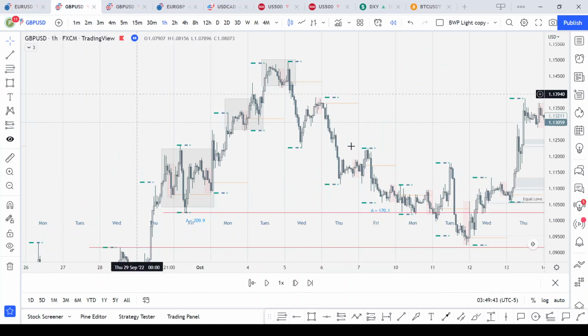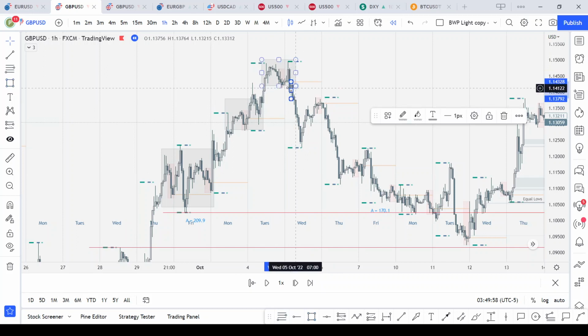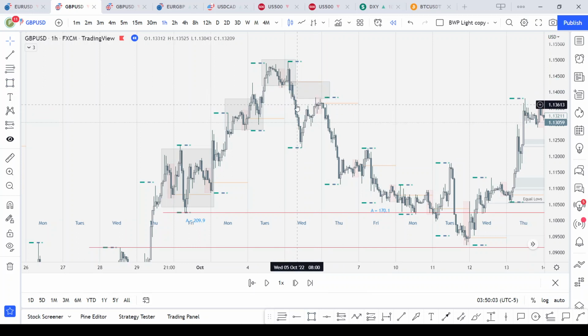Let me just complete this. The low risk sell is usually going to be a return into an order block. You can see this order block right here. Return into the order block. You also have a fair value gap at this level as well.